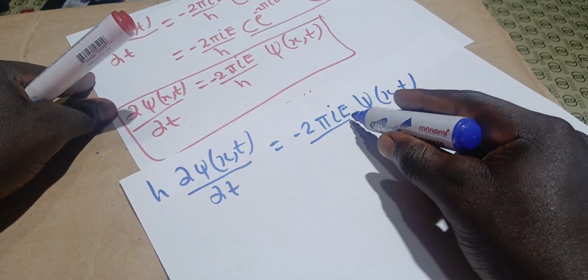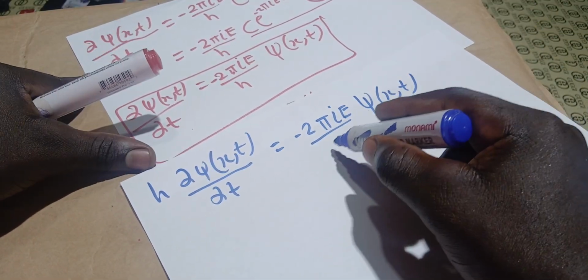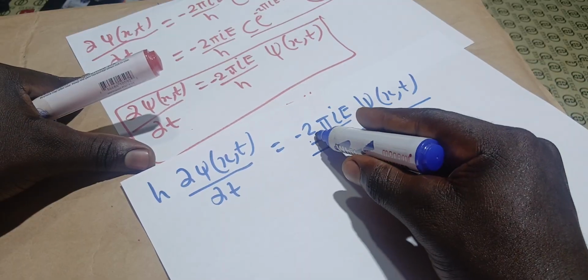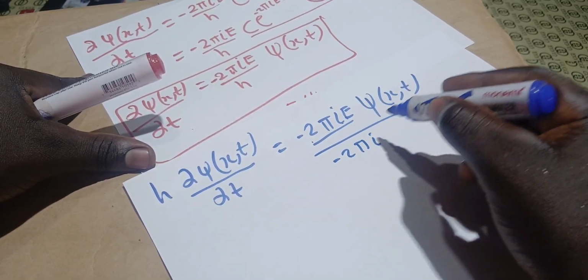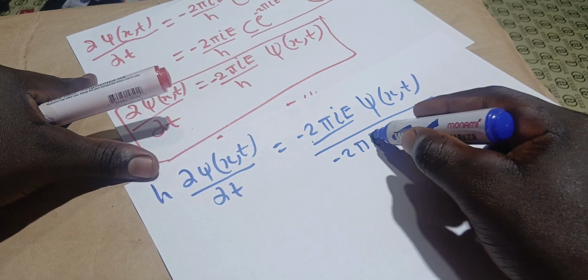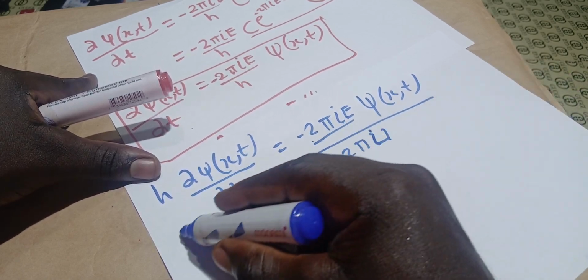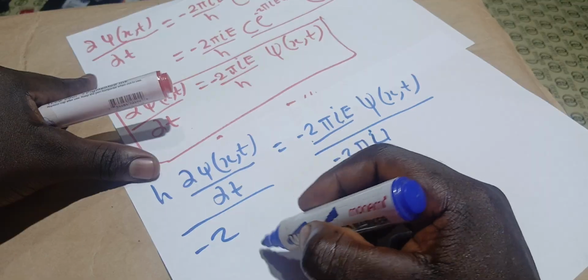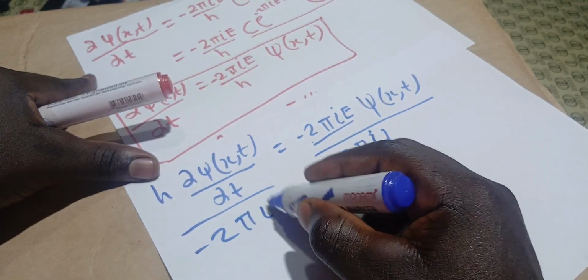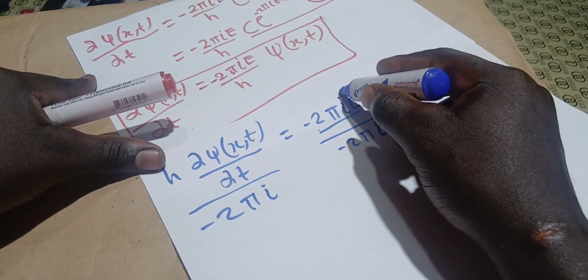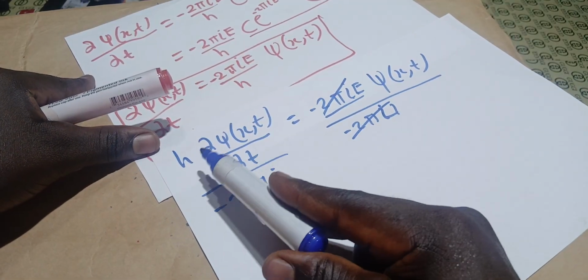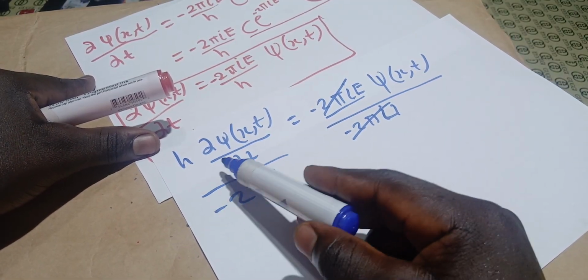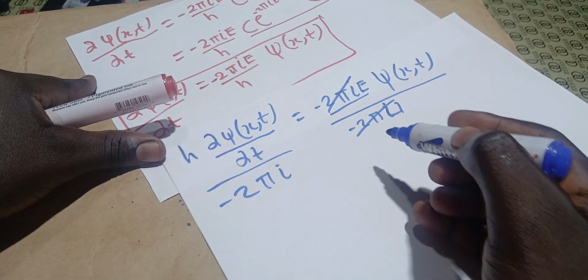We want to leave E alone here, so we just divide the whole term here by minus 2 pi I, leaving E. Sorry, 2 pi I. Here minus 2 pi I. So minus 2 pi will take care of this minus 2 pi I. We are going to have a term of minus 2 pi I here.